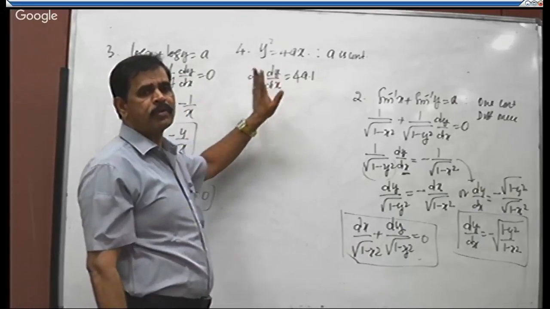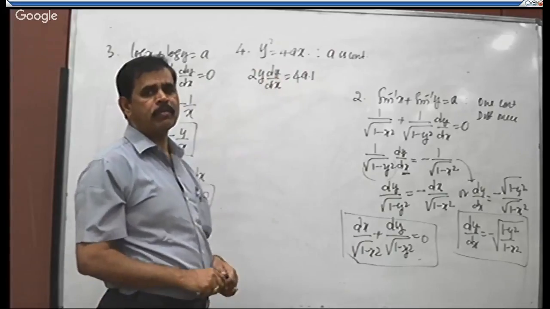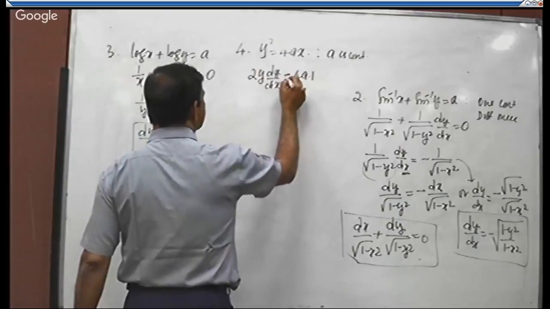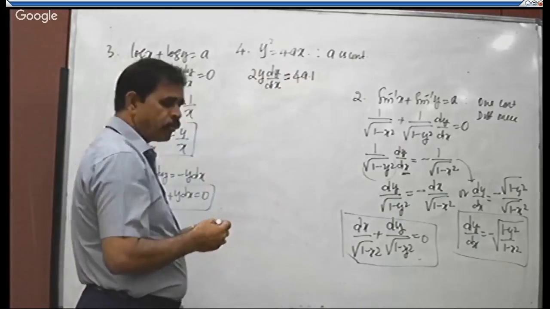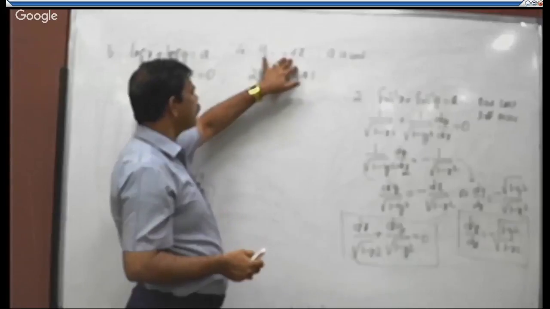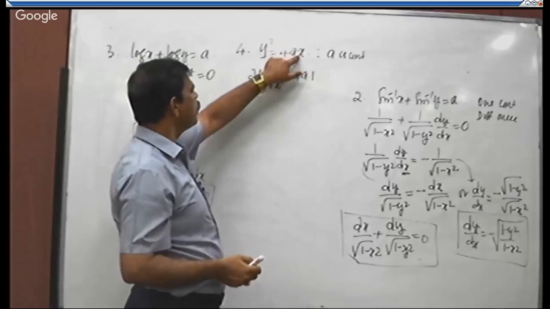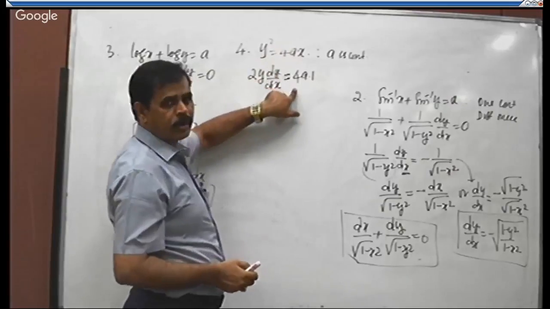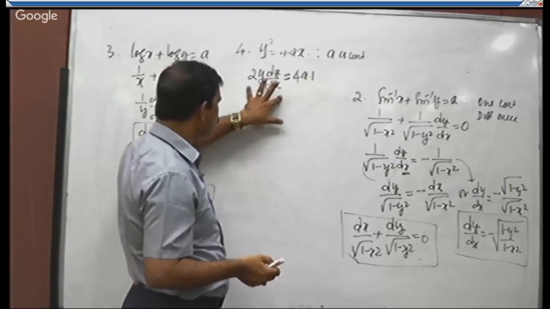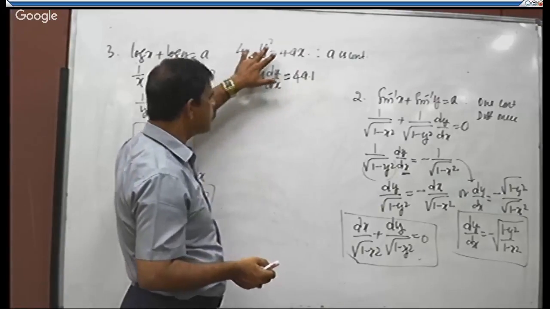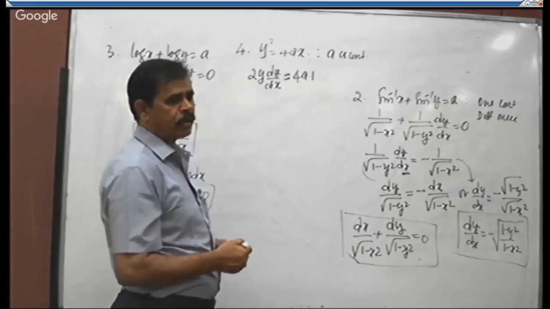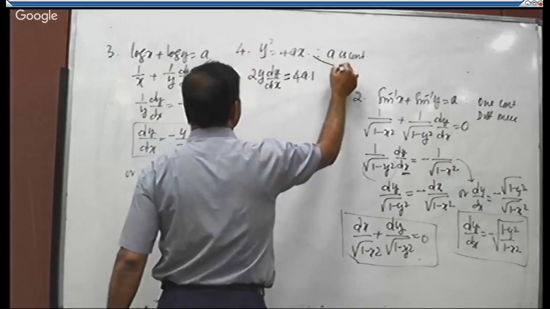Then we should go for the substitution method. Right? How to substitute it? From where to where do we have to substitute? You can substitute the 4a value from the given function, which is y square by x, in this derivative. Or you can take the 4a value from the derivative and substitute it in the given function. In both ways you can do it. Right? No problem. Take this as equation 1.